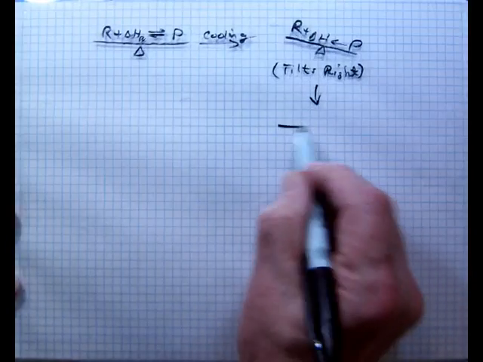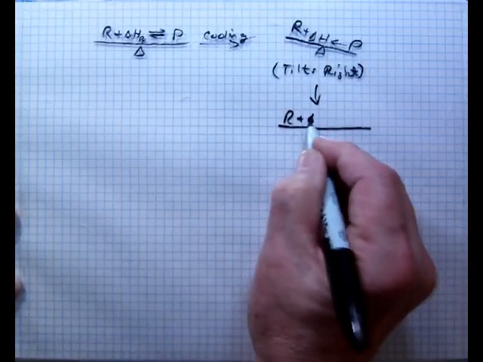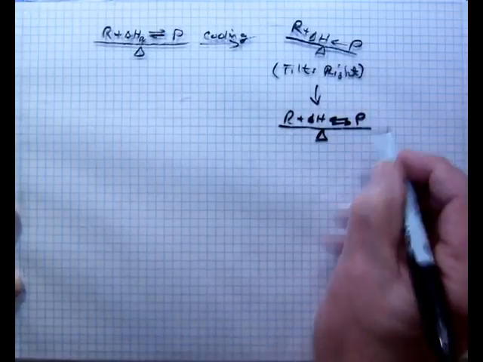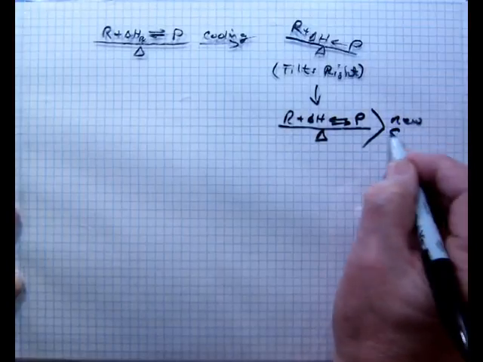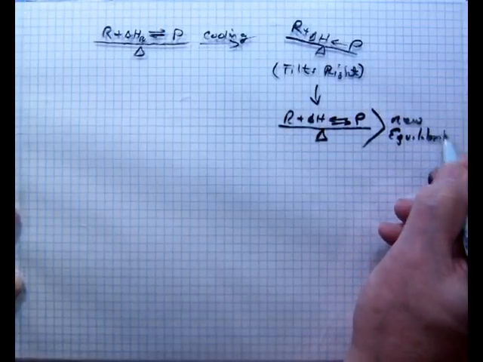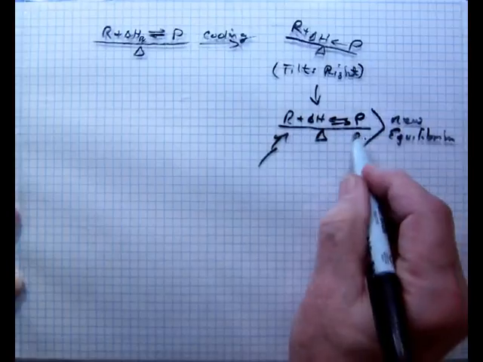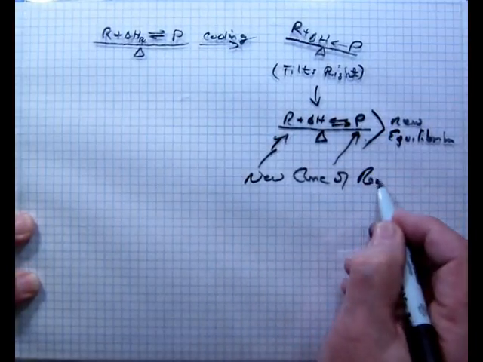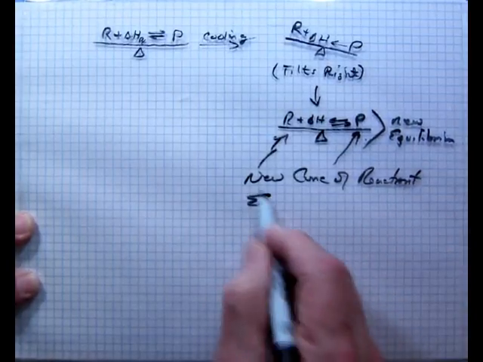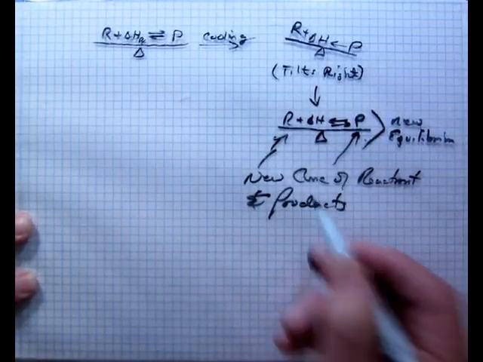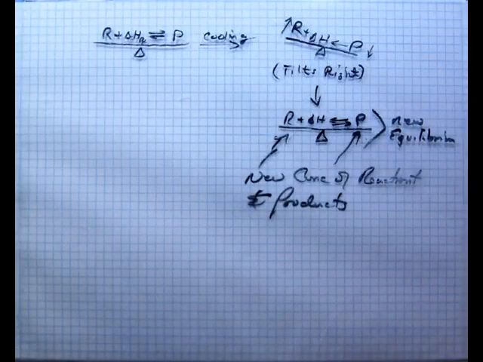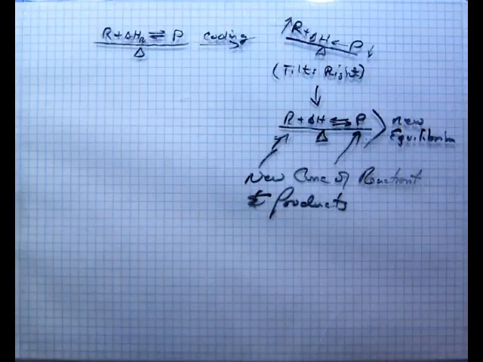The idea is to recover the equilibrium, in that it's important to note we have new concentrations of reactant and products. As a matter of fact, the product side went down, the reactant side went up in concentration in order to shift to the left and level.